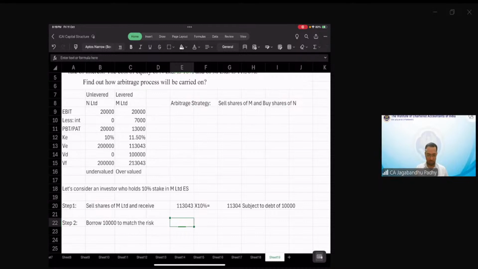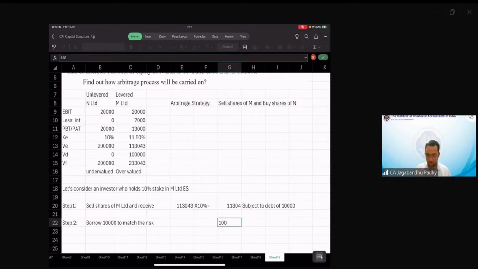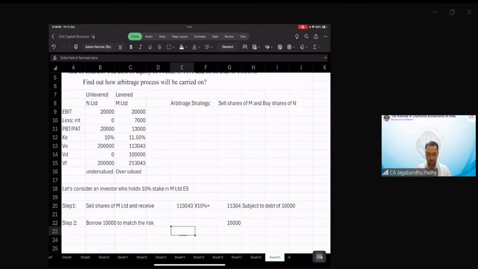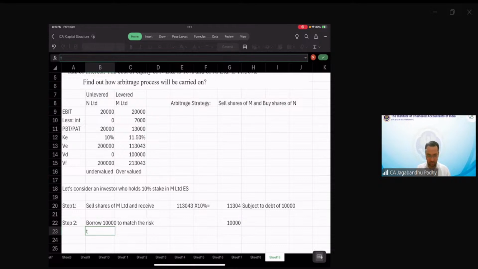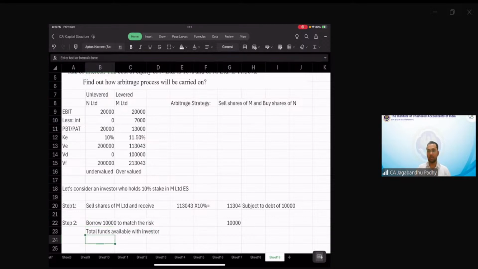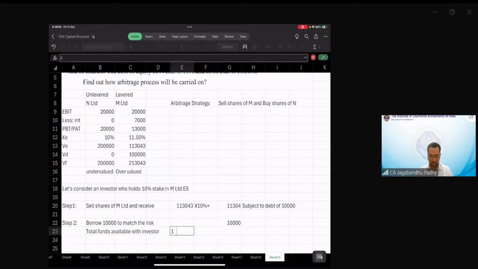So how much are we going to borrow? 10,000. So what is the total funds available with the investor now? How much is the investor having in total? 11,304 plus 10,000 debt.